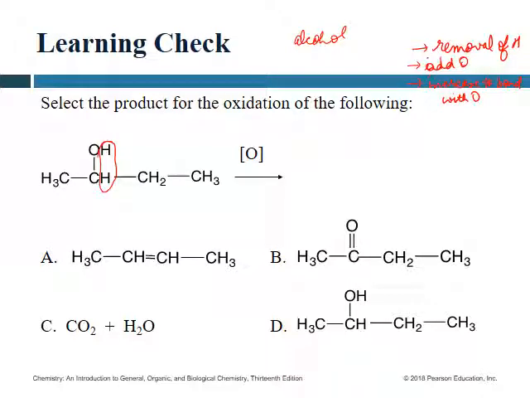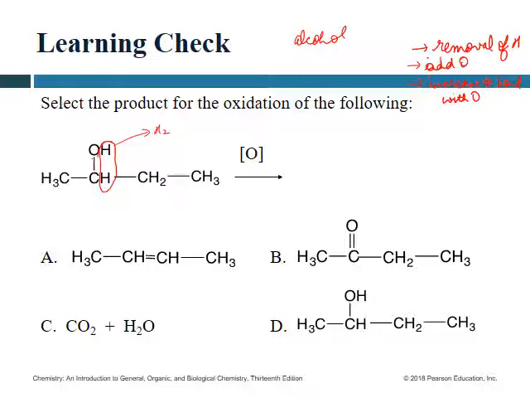So in this case we will get rid of this hydrogen, which means this carbon will now have 1 extra bond, this oxygen will now have 1 extra bond. So what are they going to do? They will form this extra bond with each other, so they'll form a double bond right here. So what is happening here? Hydrogen is removed and a double bond is formed between carbon and oxygen. So the number of bonds between carbon and oxygen is increasing.